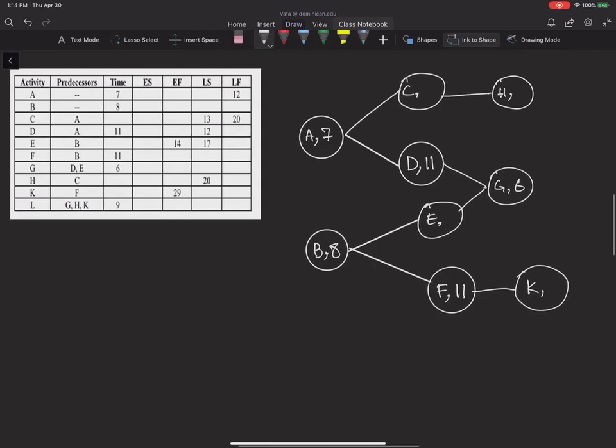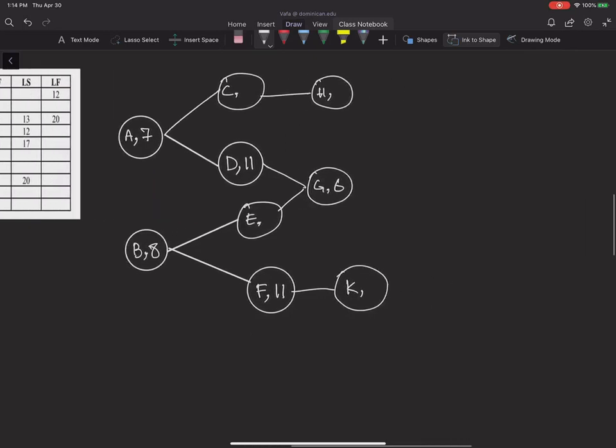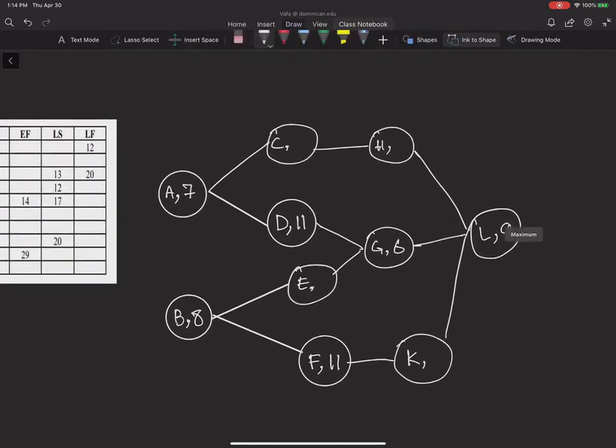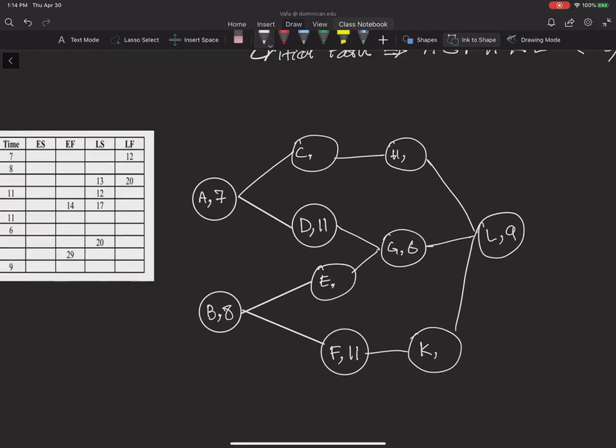And finally, after doing G, H, and K, I can do activity L, which will take 9 weeks. So this is how I'm going to show that. So now let's go ahead and start working on this and see if we can unlock this tablet, as they put it.